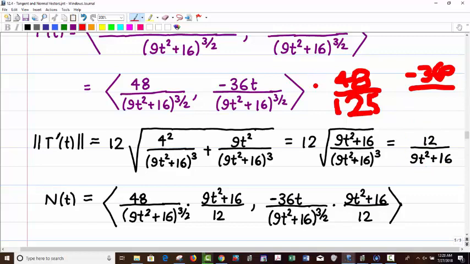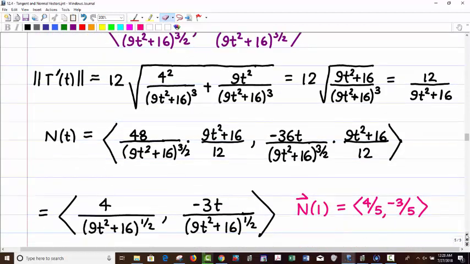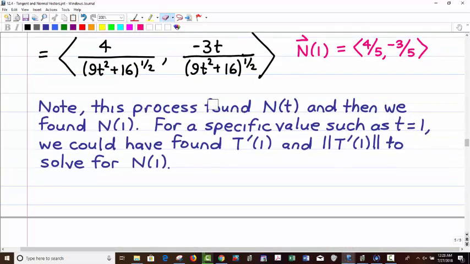So 48 over 125 divided by 12 over 25, I can see that that's going to be 4 over 5. And then over here, it's going to be negative 3 over 5. So yes, it would have been a little simpler if you use that formula, but still, T prime of t is still a mess, even if you didn't have to do these last couple steps. So that's what I was just saying there.